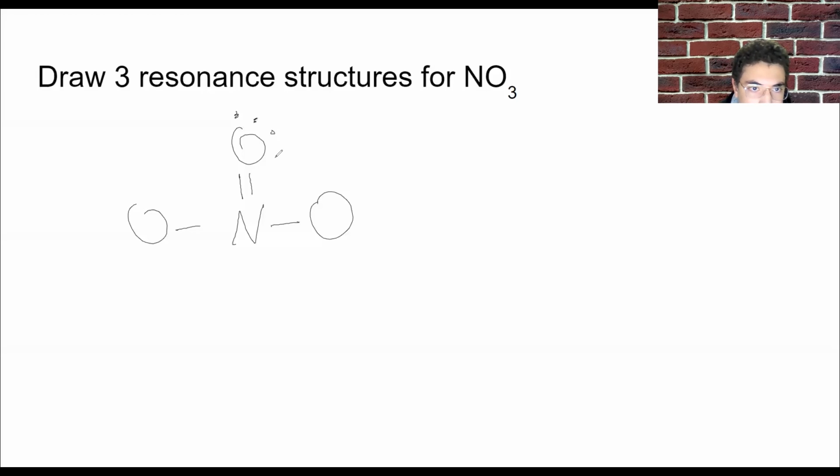The electrons on each oxygen. So this is the first resonance structure. To do the second one, we will remove this and put it here, and remove 2 electrons from here and draw them here.